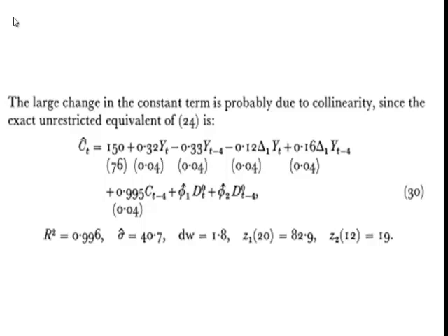Similarly, if you look at Ct minus 4, it has a coefficient which is very close to 1 again. So again that means that the original model is good. And again, the delta 1 yt and the delta 1 yt minus 4, these two numbers are similar and opposite in sign. So all of these things are good. The restricted model is almost the same as the unrestricted model.